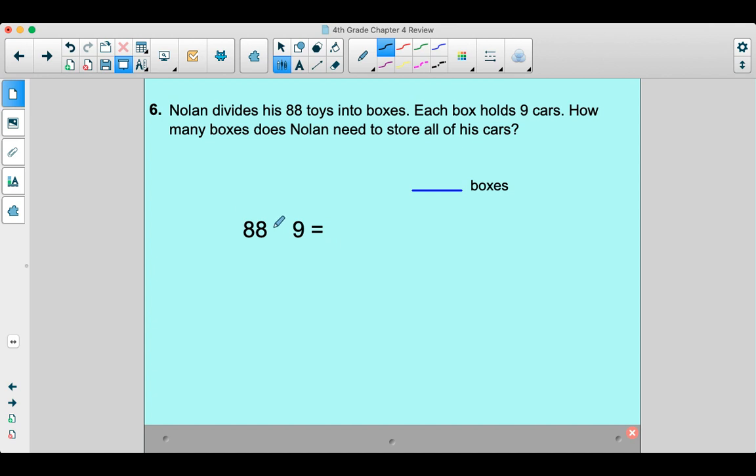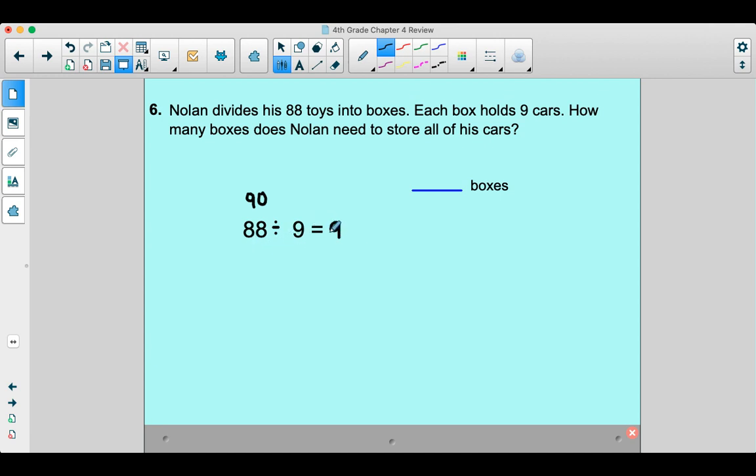All right, now I know 90 divided by 9 is 10. So that actually really helps me if I'm using that as a guide, because if I know 90 divided by 9 is 10, then I know 88 divided by 9 is going to have the answer of 9 with a remainder. So that kind of gets me going when I start thinking about those multiples of 10.